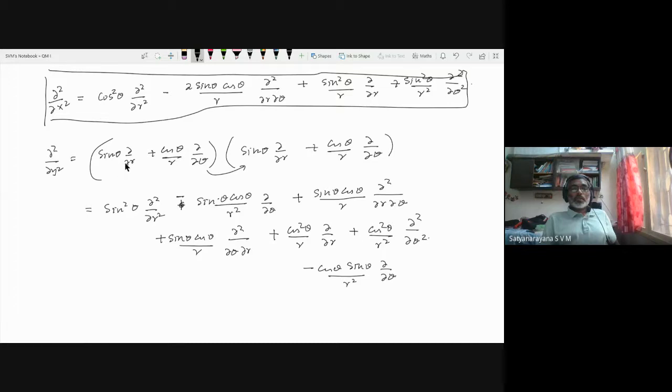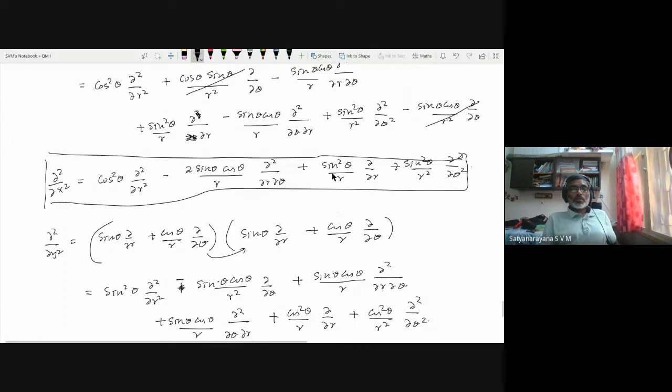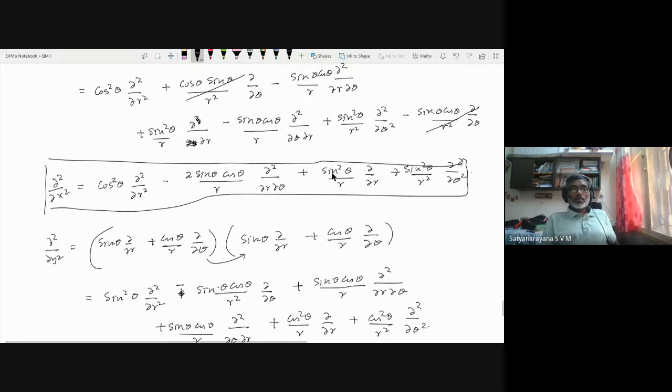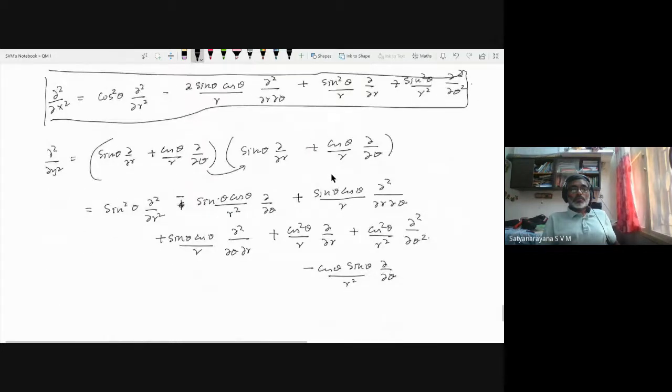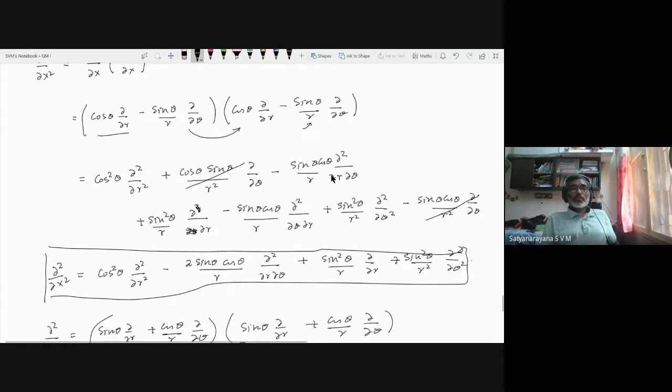Sine theta into cos theta, minus 1 by r square dou by dou, r square, and this plus, and then here is sine theta cos theta.